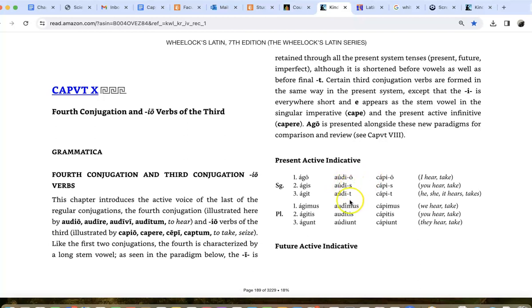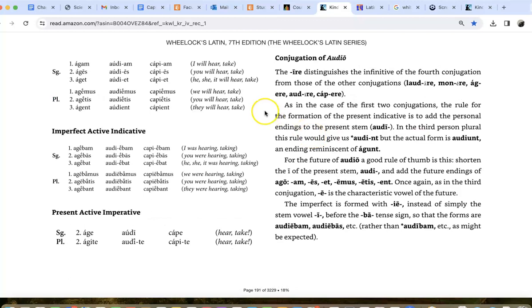And you can see this personal ending, which I will be referring to on a regular basis, goes back to the first, second, and third conjugation. So take a look at this. Don't forget that you might want to do a review of first, second, third conjugation. Nowadays, of course, there's all kinds of content on YouTube.